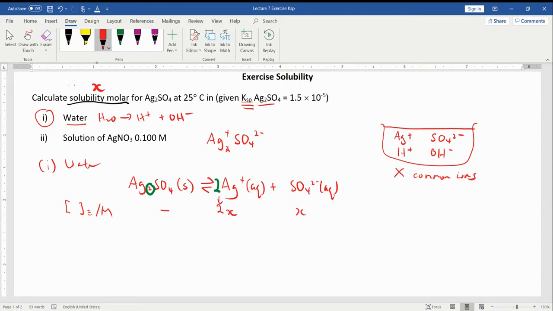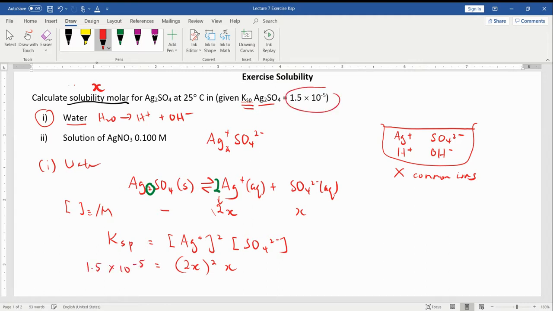Now we write the expression for the solubility product: silver squared times SO4 2 minus. Substituting at equilibrium, it is (2x) squared times x equals 1.5 times 10 to the power of negative 5, as given.